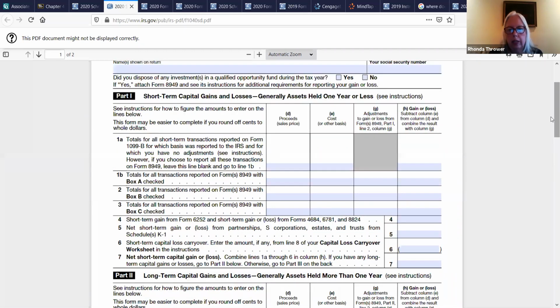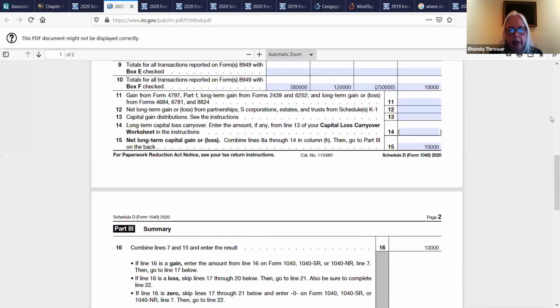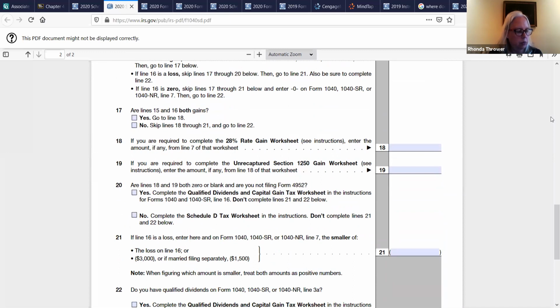This was the residence, and we completed Schedule D. So we also needed to look to see if 8949 was completed.